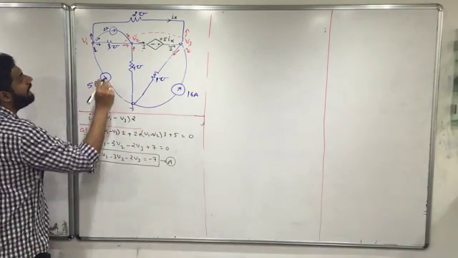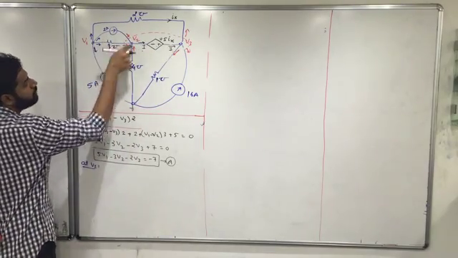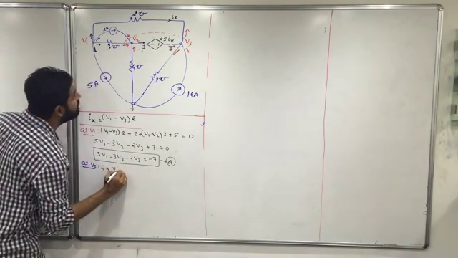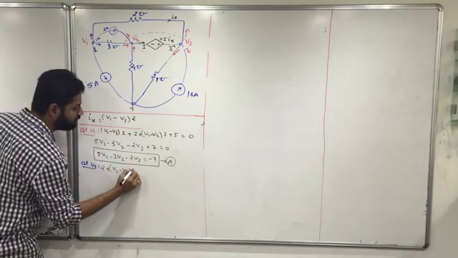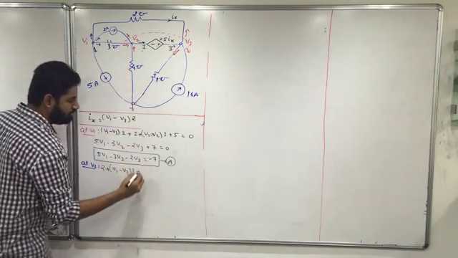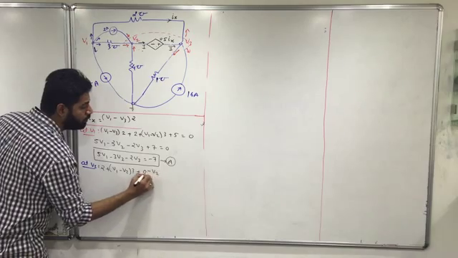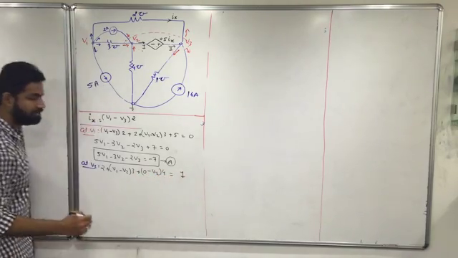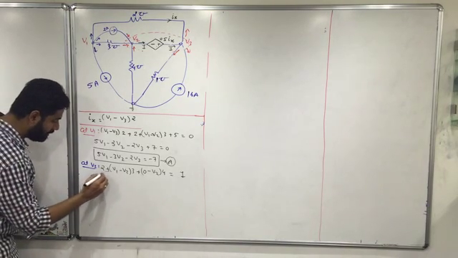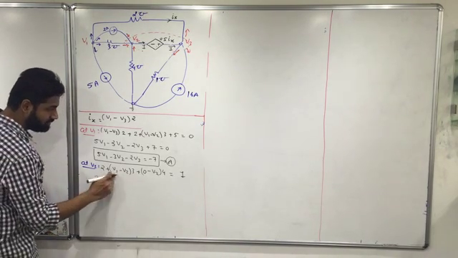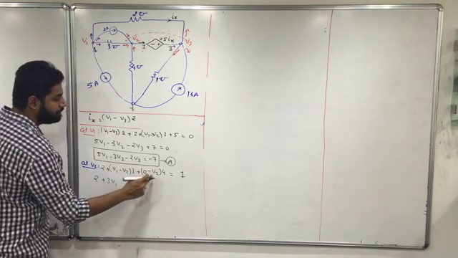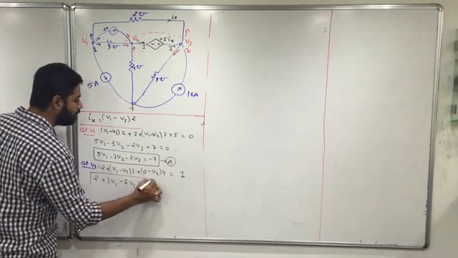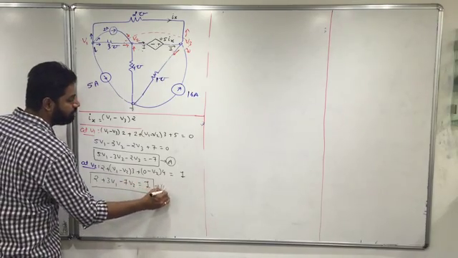So I'll say that 2 plus V1 minus V2 into 3 plus 0 minus V2 into 4 is equal to I. This is clear? Fine. I'll open this and I'll be having 2 plus 3V1 minus 7V2 is equal to I. So this is my equation number 1.